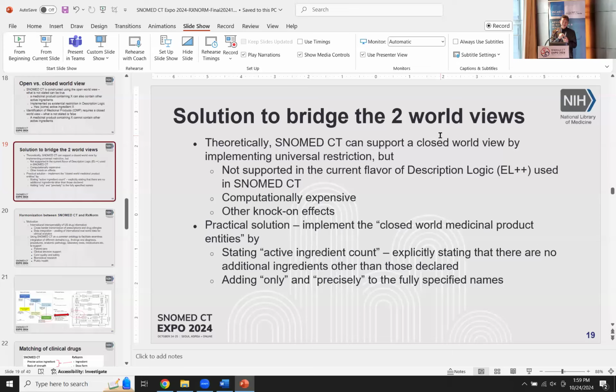By this active ingredient count attribute, we will say that it only has one active ingredient, and we've already stated that in the name, then it cannot contain other active ingredients. So that is one thing. And then to make this absolutely clear by the name, we would add the word only or precisely to the fully specified name, so that it's clear that this is the closed worldview, and that what is not stated to be present in the drug is not present.